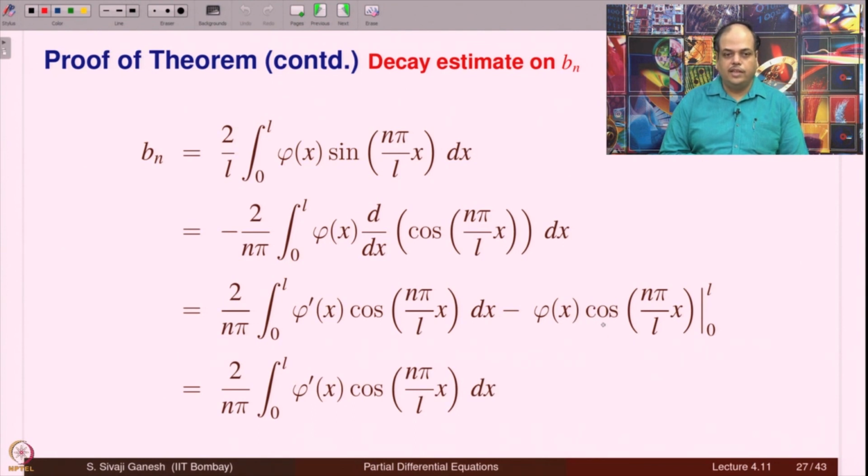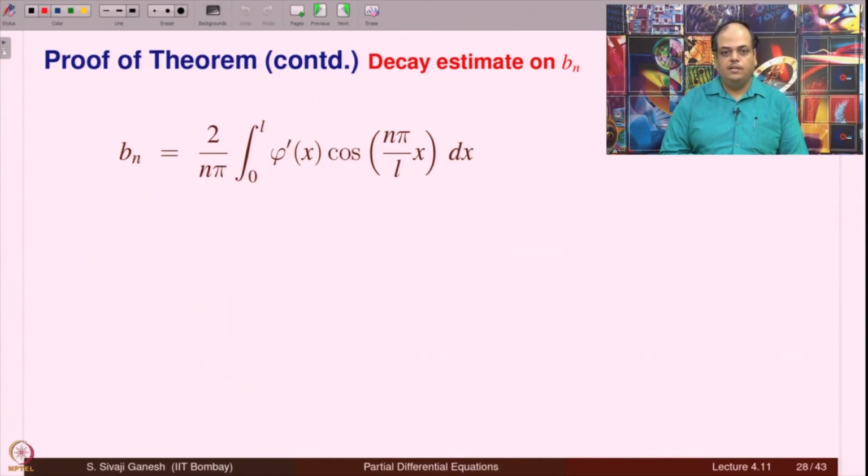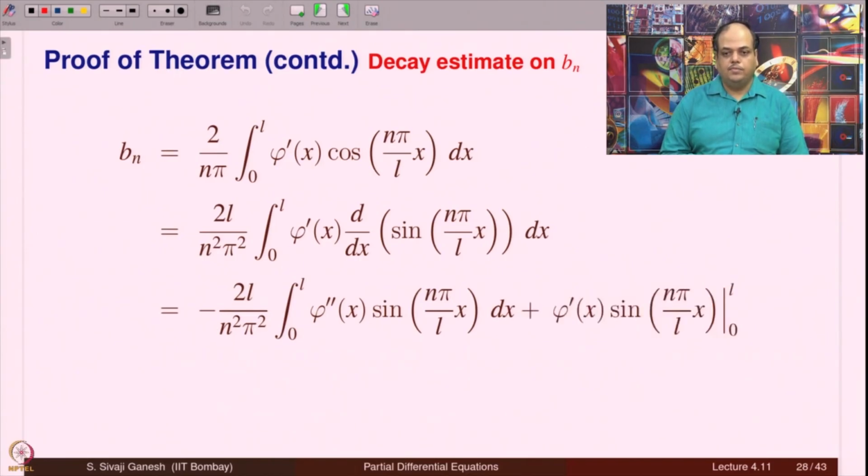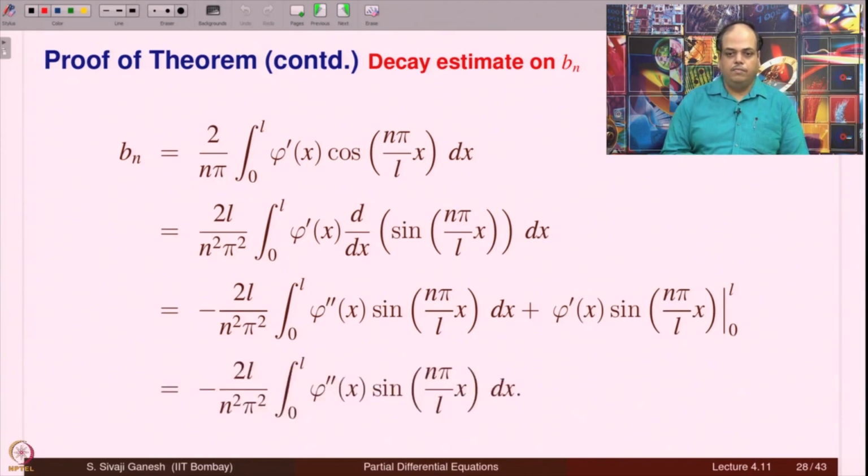Now let us do this integration by parts once more, namely we write cos as once again d by dx of sine, and then we pick up an n square here, and again integration by parts gives you this. Boundary terms once again are 0. Why is the boundary term 0? That is an exercise, please see that.